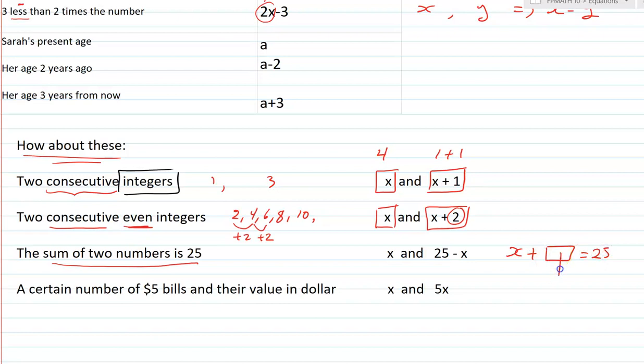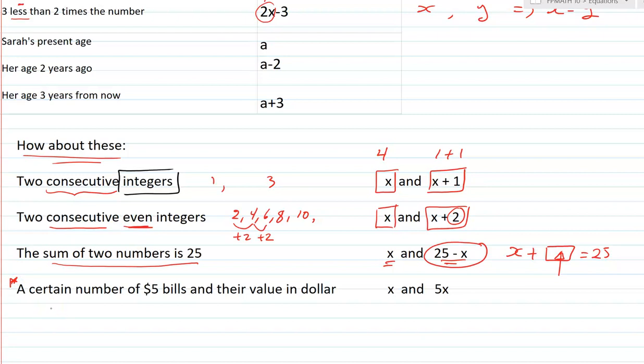So what would be the second number? You have to realize that that is actually 25 minus x. So the first one is x, the next one is 25 minus x, because when you add 25 minus x to x, you get 25. So you have to think about that logically. All right, I just gave a random example of how you will use this.